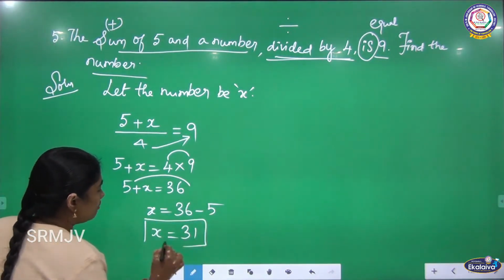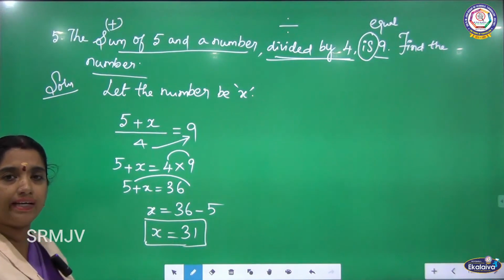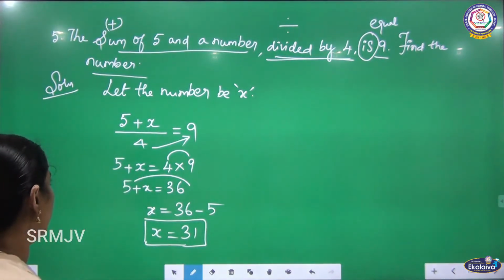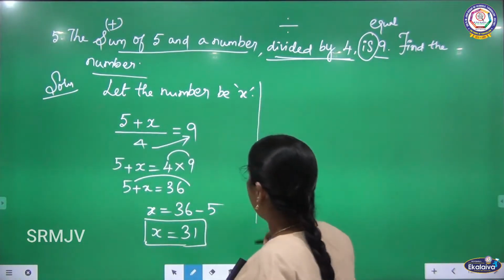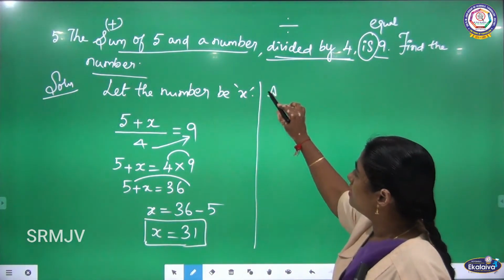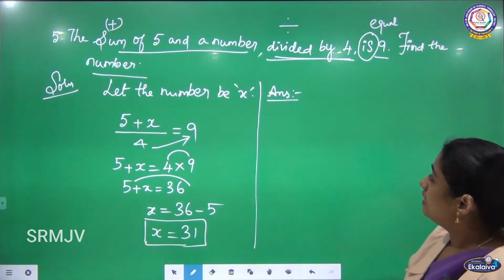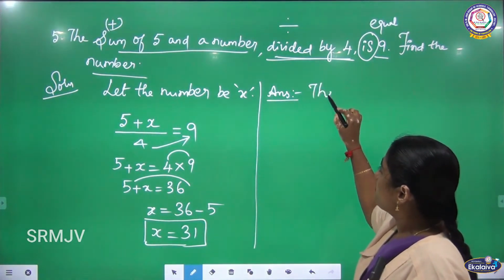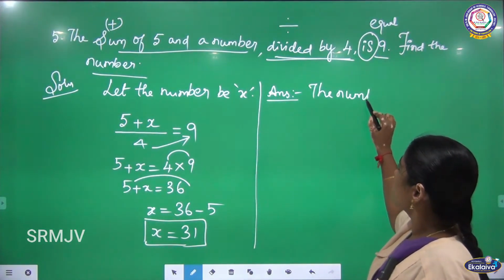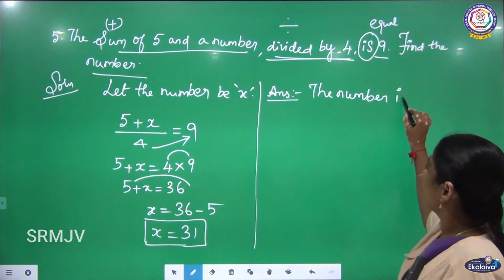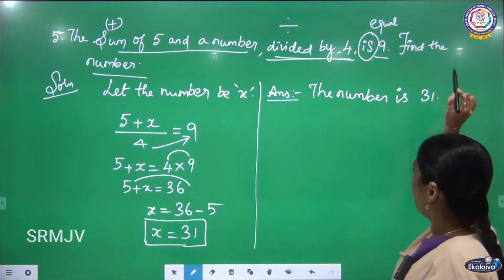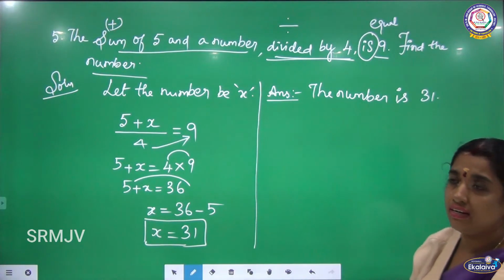So here I find out the x value to be what? 31. Now I can write the answer. Listen. What is the answer? The number is 31. Is it clear, children?